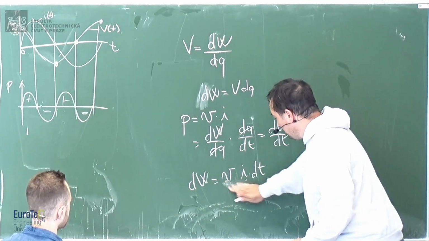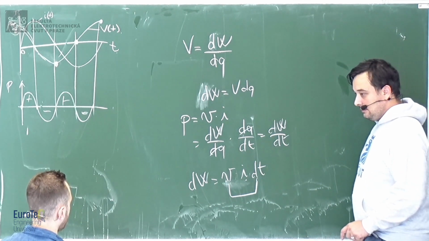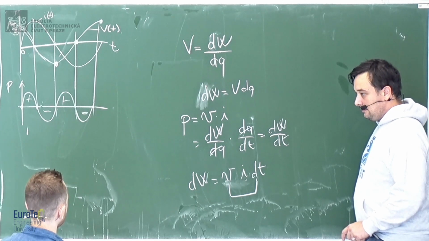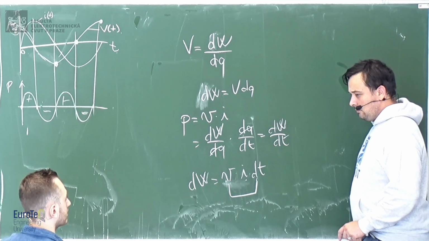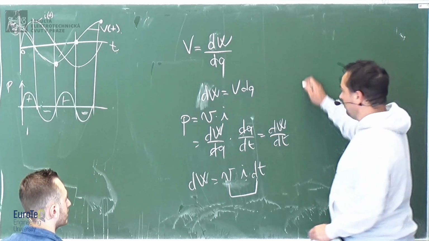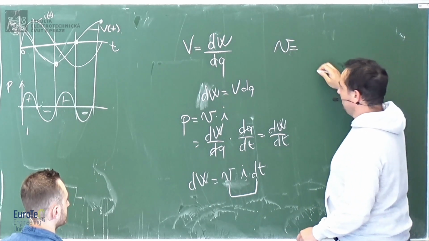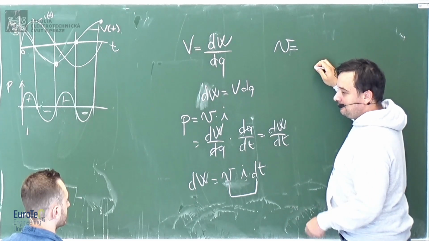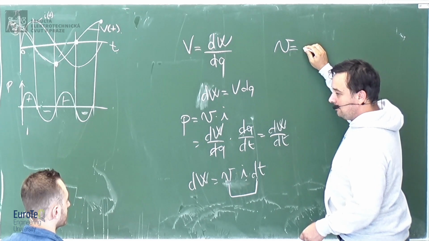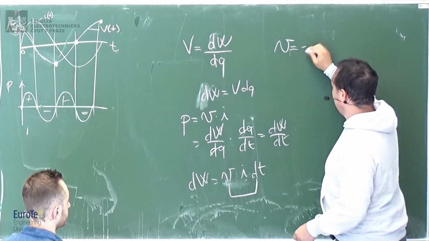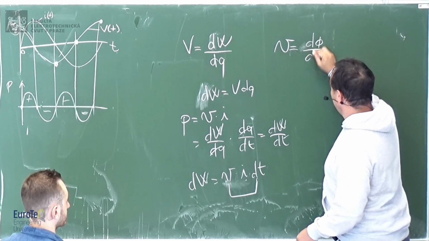Now, what is V dt? In an inductor, the voltage is L di/dt, but if you look at it with the flux, from the induction law, the voltage is the derivative of the magnetic flux with respect to time.